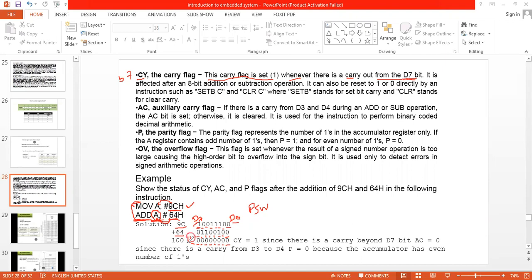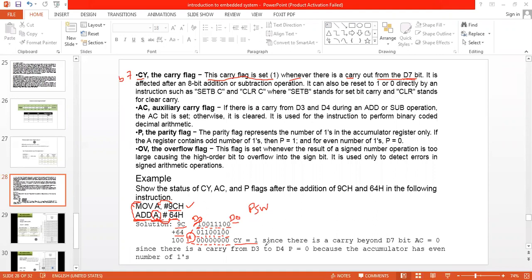What I am getting is after the D7 bit, I am getting a carry. That is why Cy is equal to 1. Cy will automatically be equal to 1. Why? Because there is a carry out from D7 bit. Out of D7 bit.